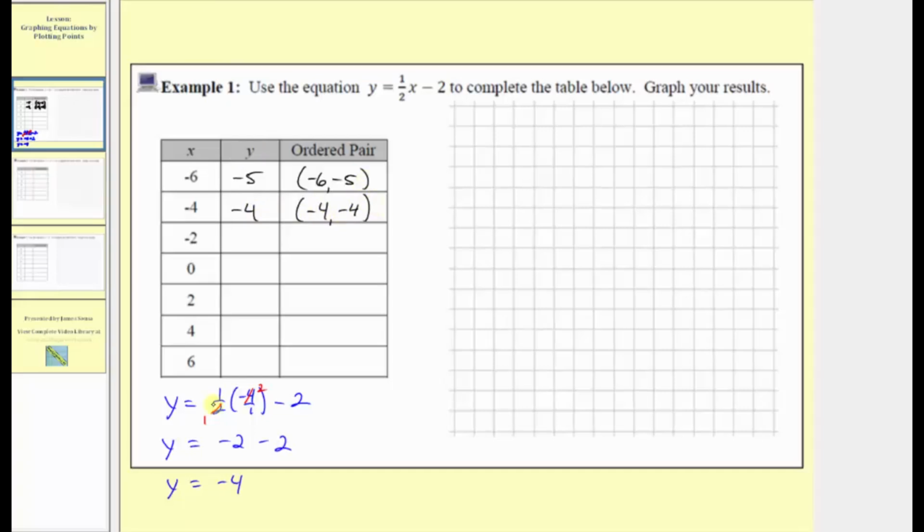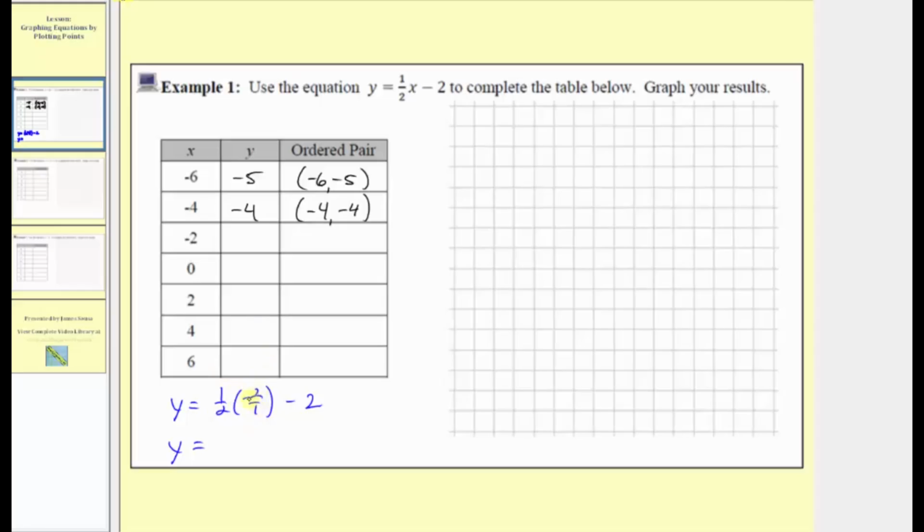Then again, we could have also thought of this product here as half a copy of -4, which is -2. The next input is -2, so we have y equals 1/2 times -2, or -2/1, minus 2. So 1/2 times -2 means half a copy of -2, which is -1.